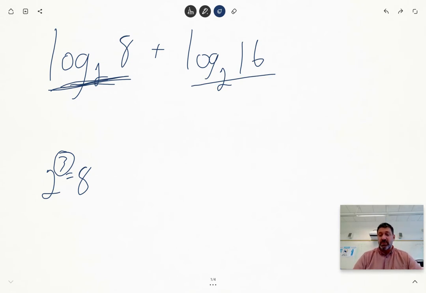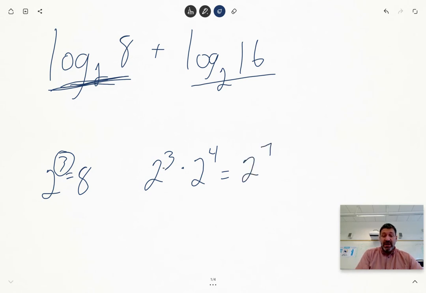So it's important to think about what it meant to multiply numbers with exponents before we do operations with logarithms. So if I had 2 to the third times 2 to the fourth, we know that would give us 2 to the seventh.